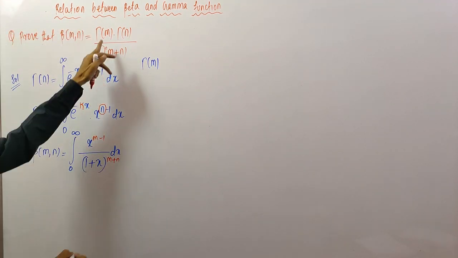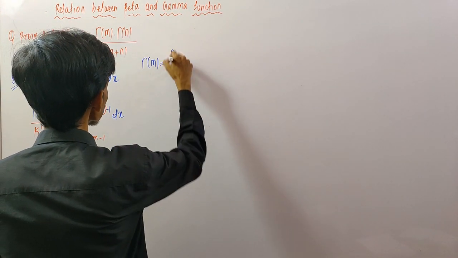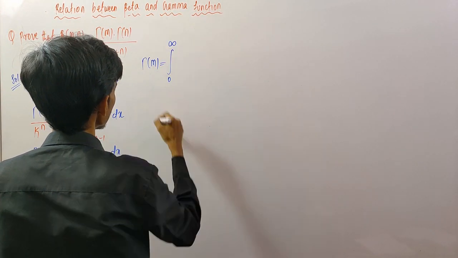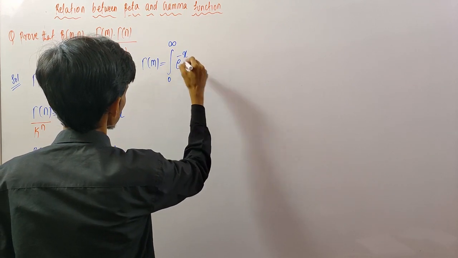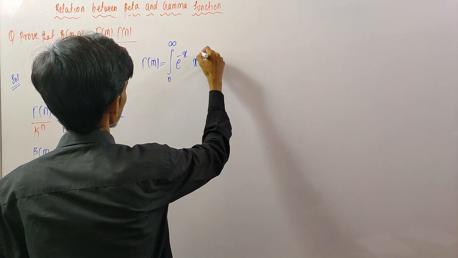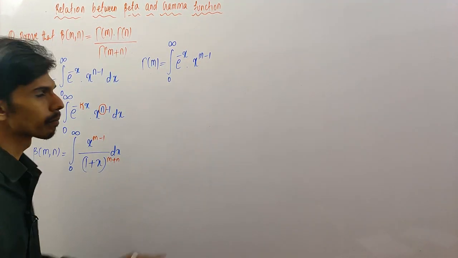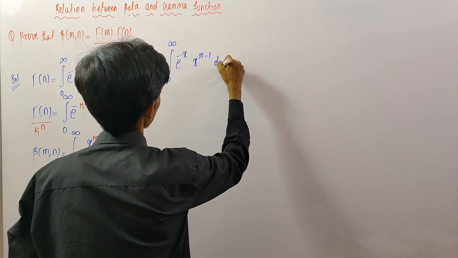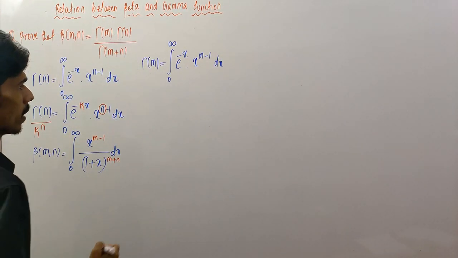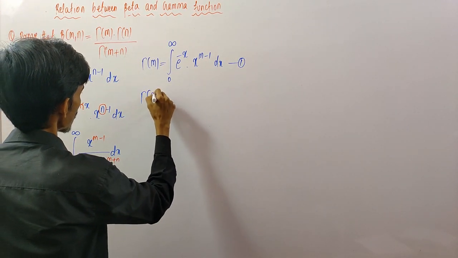Now gamma of m. Here I have gamma of m, that's why I am taking gamma of m is equal to integration 0 to infinity e power of minus x into x power of m minus 1 dx. Here m is there, that's why I write m minus 1. Take this as equation 1. Similarly, gamma of n.